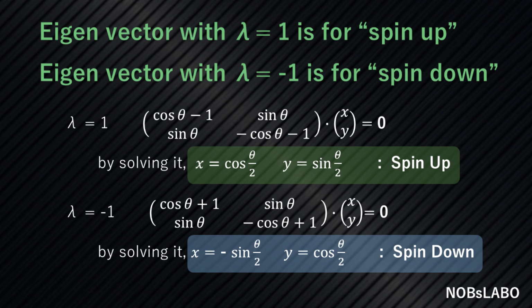The eigenvector corresponding to the eigenvalue 1 represents the spin-up state, and the eigenvector corresponding to the eigenvalue -1 represents the spin-down state. The spin-up eigenvector can be calculated as the vector (cosine theta over 2, sine theta over 2), and the spin-down eigenvector can be calculated as the vector (negative sine theta over 2, cosine theta over 2).